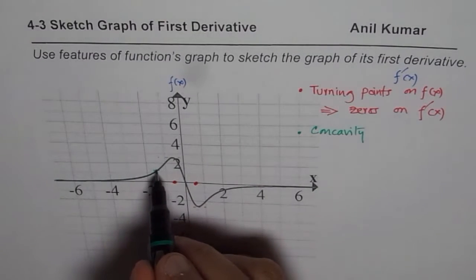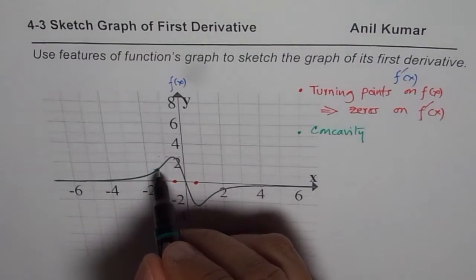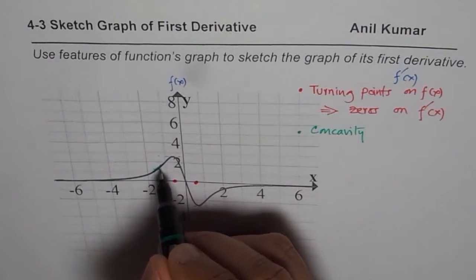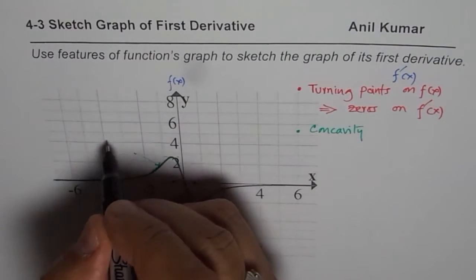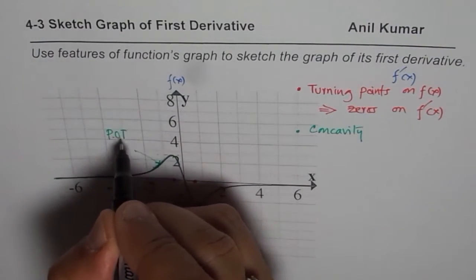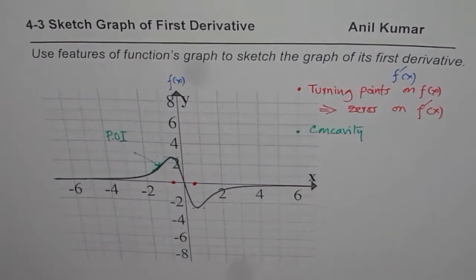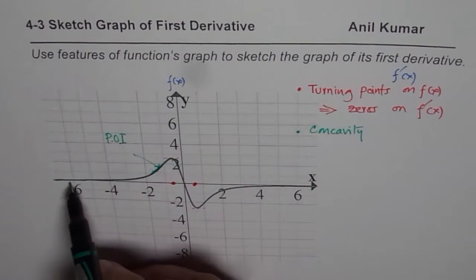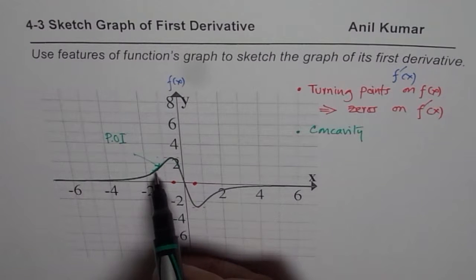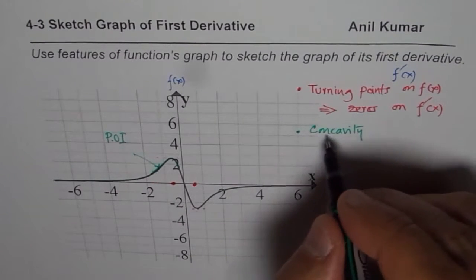At this point it kind of turns like this. But up to this point we can say that to be the point of inflection, right? So what we observe here is there is a point of inflection, but here what we observe is that the derivative is increasing, right? So concavity.